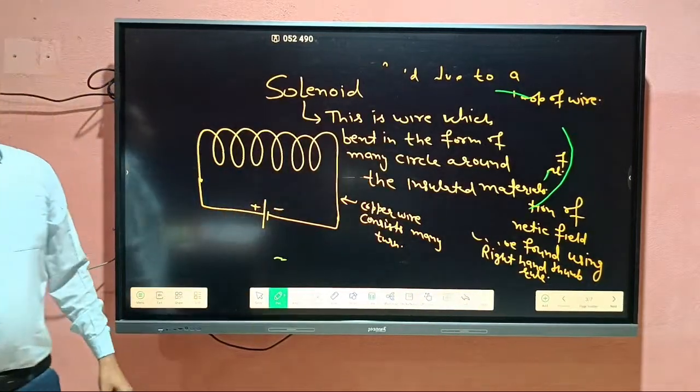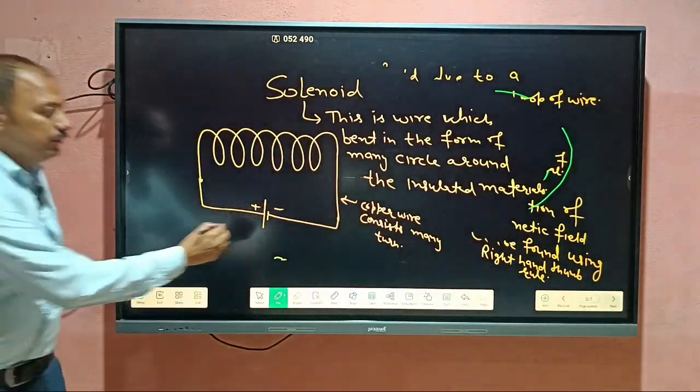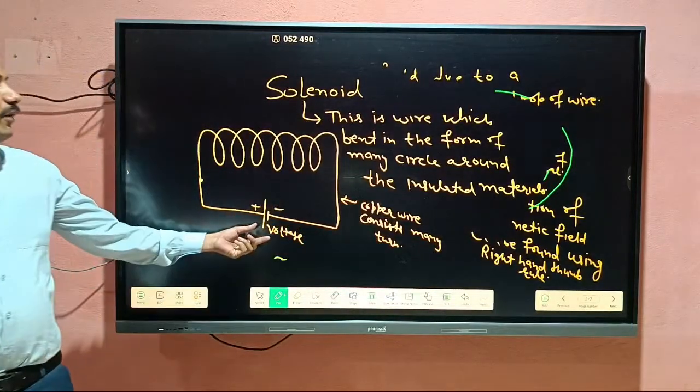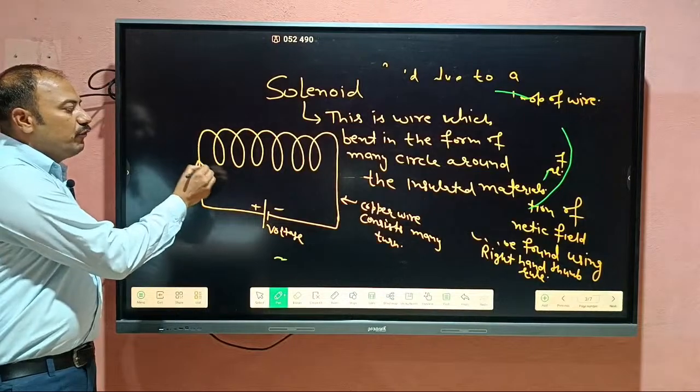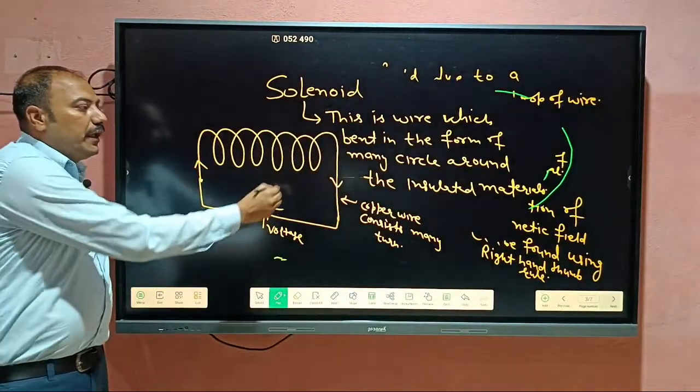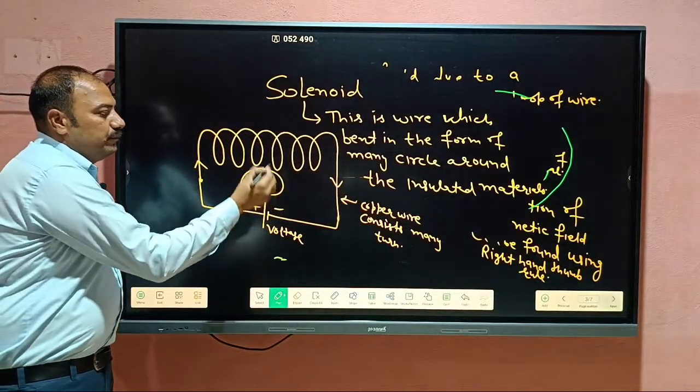So for example, we apply voltage here. Electric current flows into the wire, and the direction of this current is clockwise.